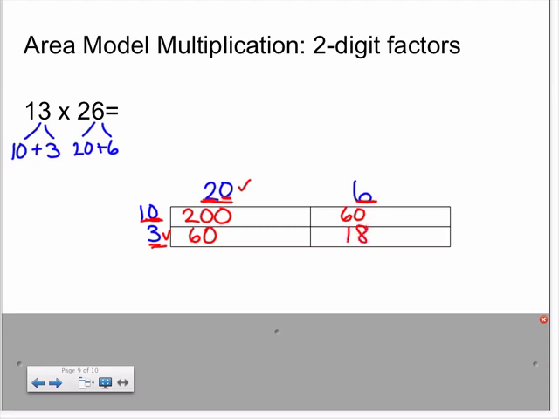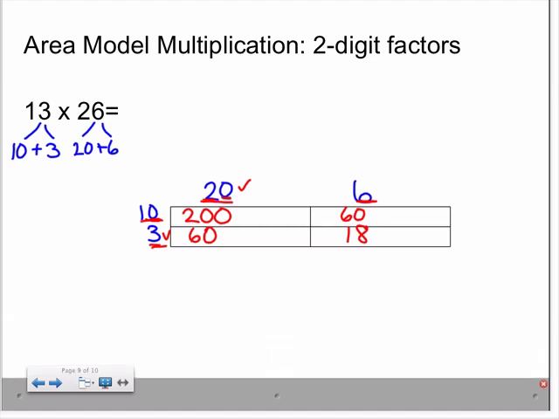Now, I have 4 partial products that I need to combine to find my total product for the problem 13 times 26. My partial products are 200, which I will add to 60, plus 60 plus 18.